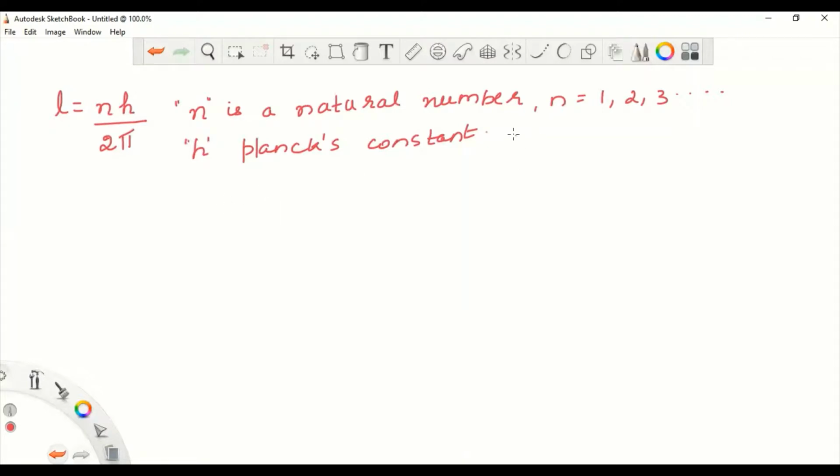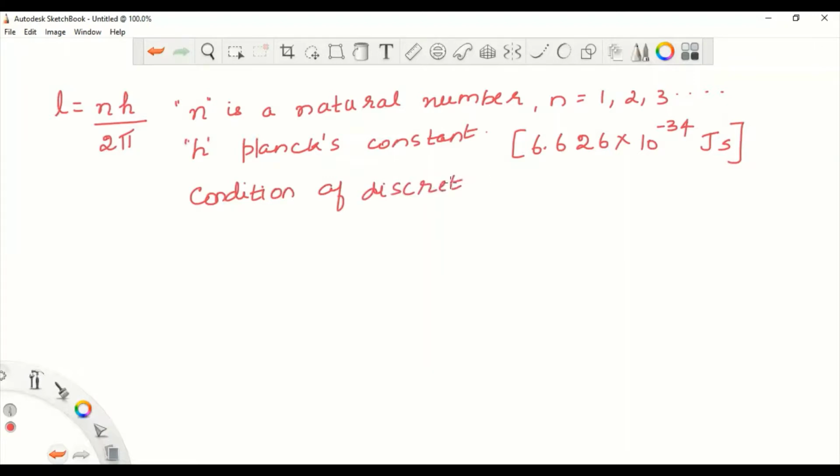The value of h is 6.626 into 10 power minus 34 joule second.